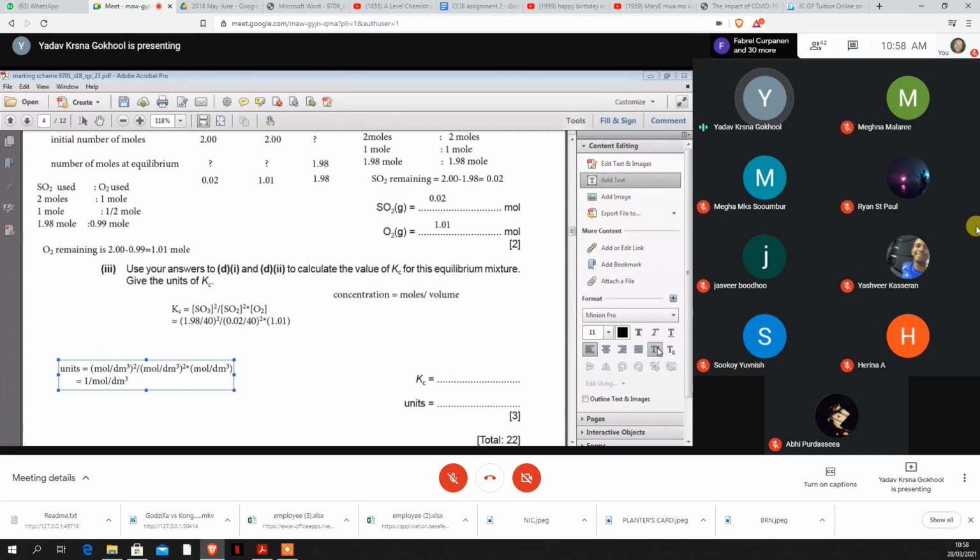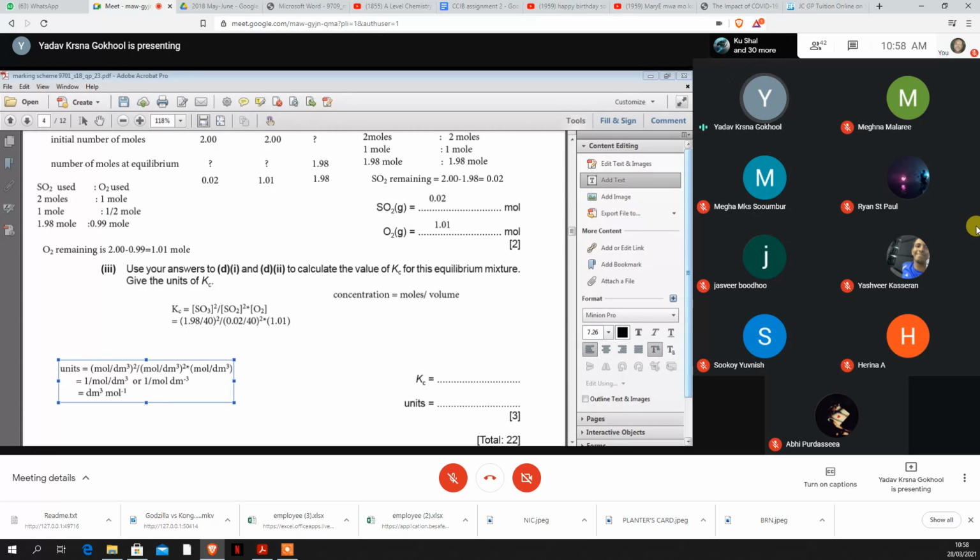Finally, the answer becomes dm cube per mole. Always write down per mole at the end.